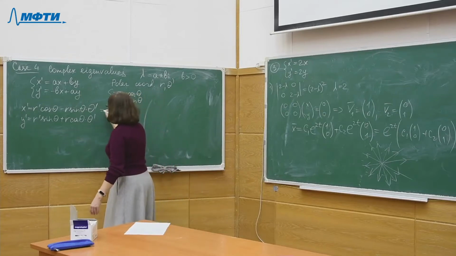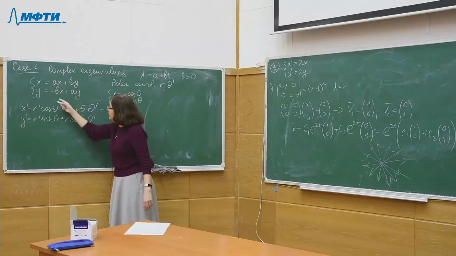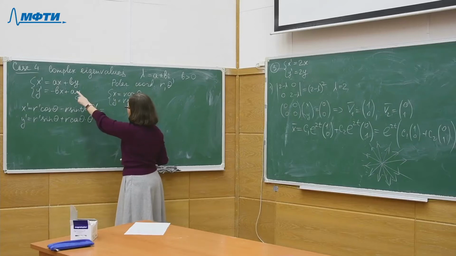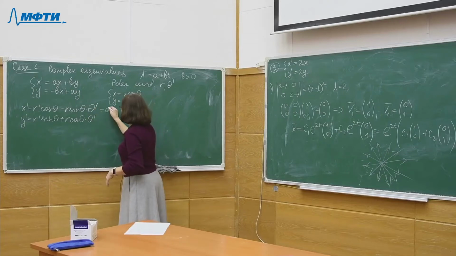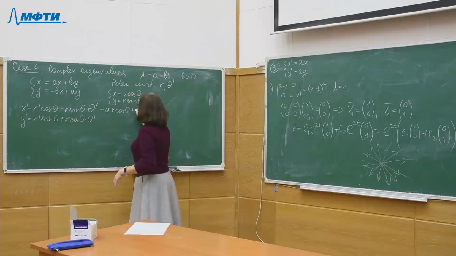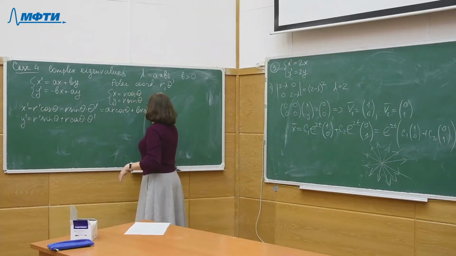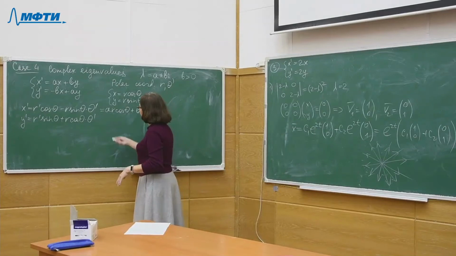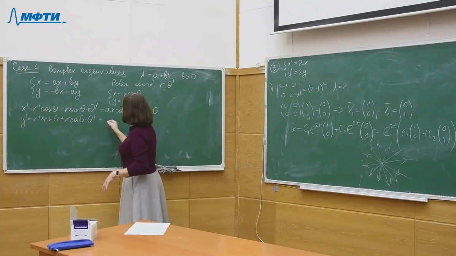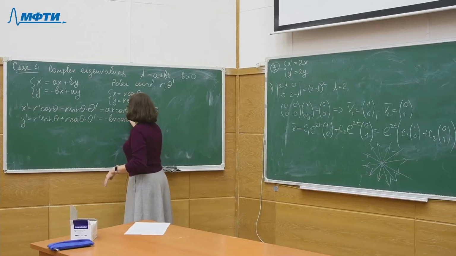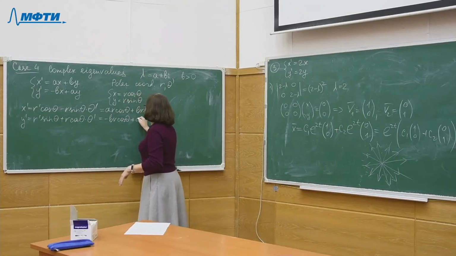And on the other hand, we know from this linear system that this is equal to ax plus by, so it is ar cos theta plus br sine theta, and this is minus br cos theta plus ar sine theta.